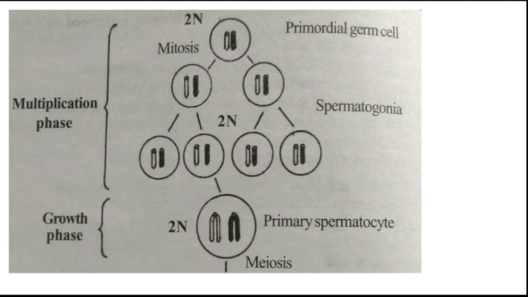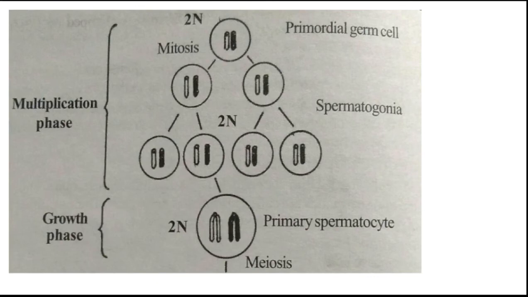Each spermatogonium has a diploid number of chromosomes, shown here as 2n. This is the diploid chromosome number of the spermatogonia. So this is the multiplication phase. Next is the growth phase.